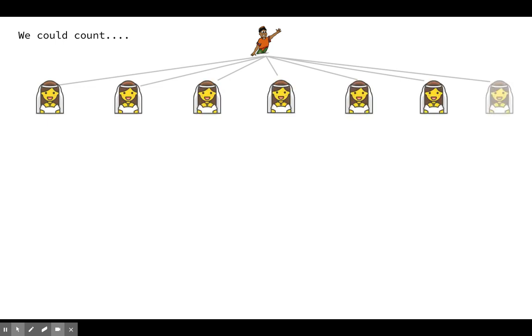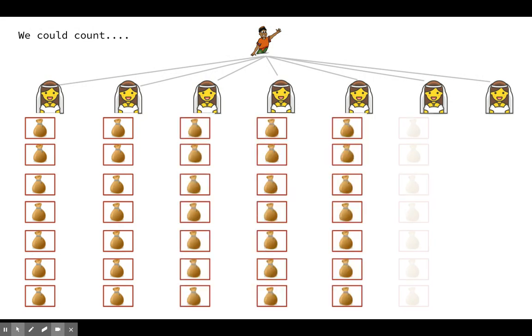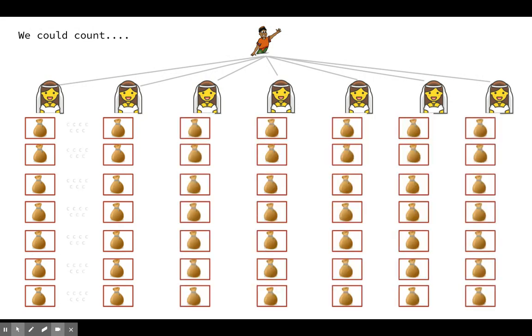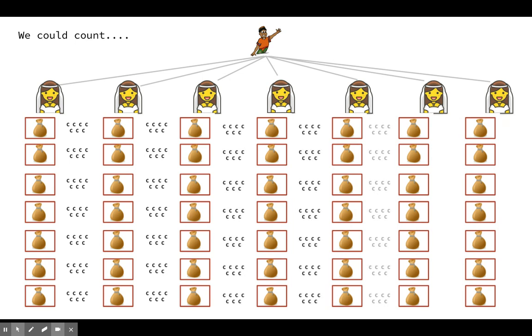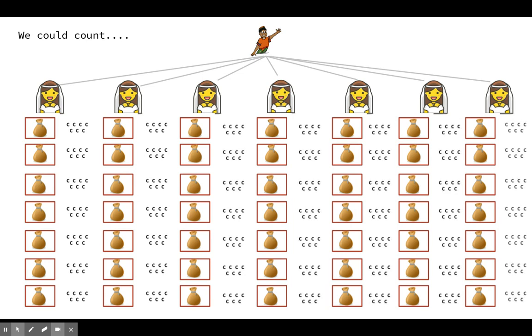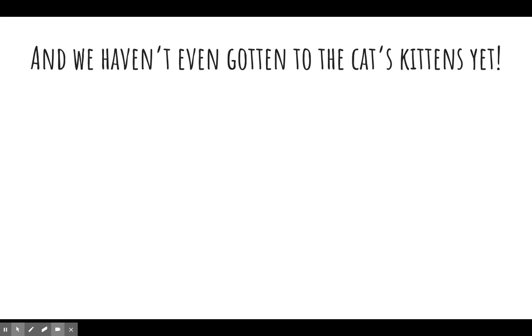So we could count and we could think, okay, there's the husband. There's his 7 wives. And each of the 7 wives had 7 sacks. And each of the 7 sacks had 7 cats. That's a lot of counting.